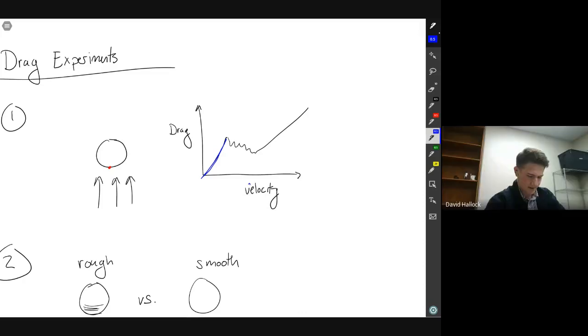And kind of similar to cavitation, when there's an obstacle in the way of flow, it causes the pressure to drop.